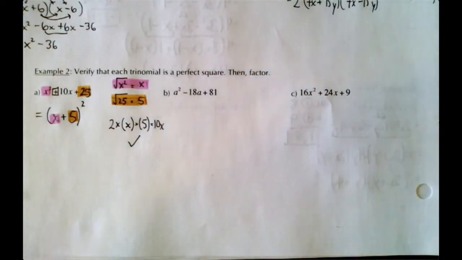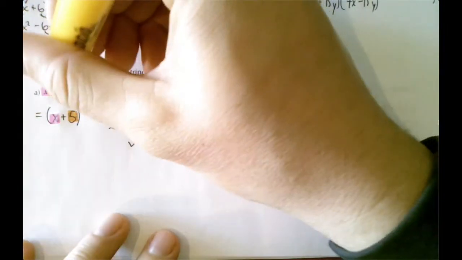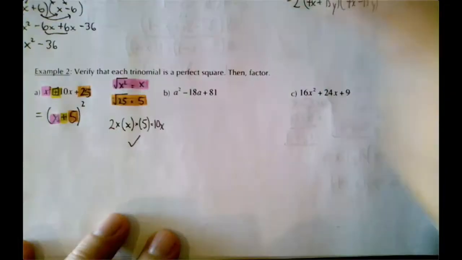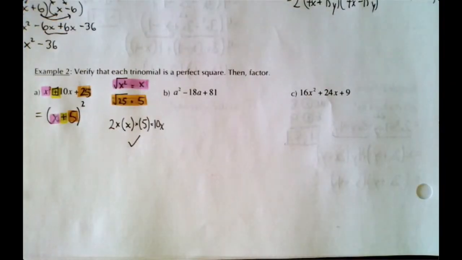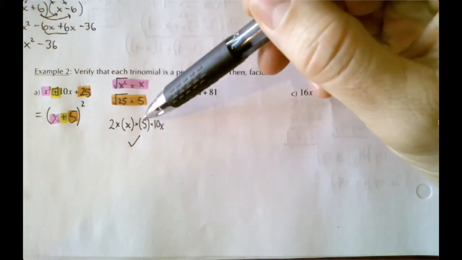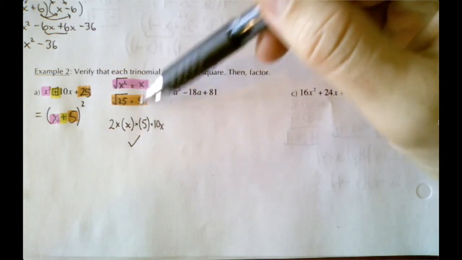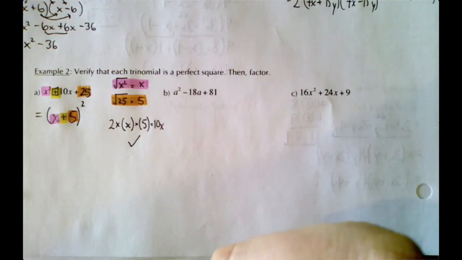And the plus sign comes from the middle term, plus. And this factoring only works if it passes this test. 2 times our answers to our two square roots has to be the middle term. If it's not, it doesn't work.